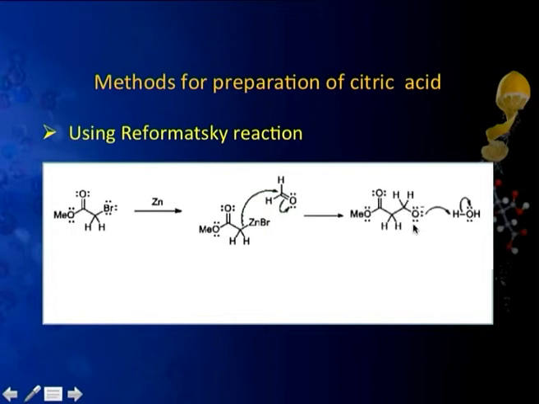We get this type of compounds with OZnBr, and it gets hydrolyzed to ultimately give us this OH, and we get a hydroxyl group at the beta position of the ester. So this is a very important method for preparation of beta hydroxy esters, which can be converted into beta hydroxy acids.